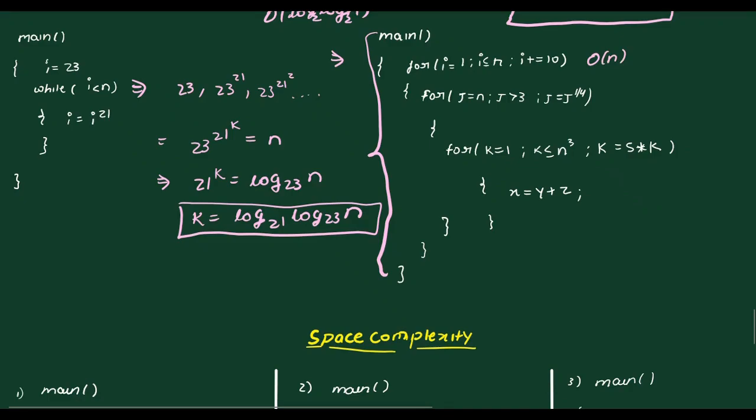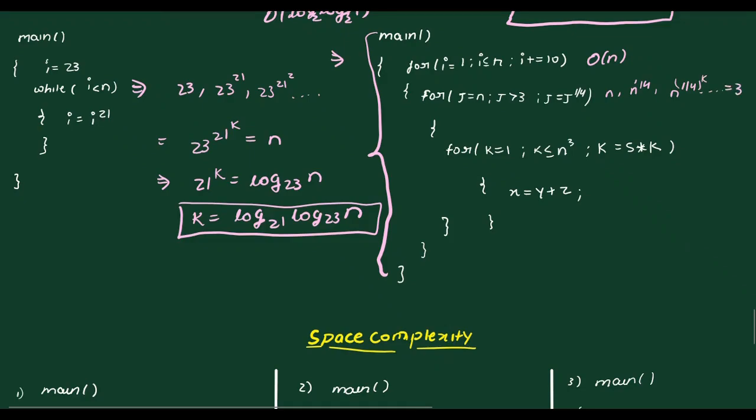Let's analyze the second one. For j equals n, j is greater than 3, j equals j power 1 by 4, right? So if you see this, it is basically n, then it is getting n to the power 1 by 4, and then it is again becoming n to the power 1 by 4 raised to the power k, and so on, right? This will break when this thing becomes equal to 3.